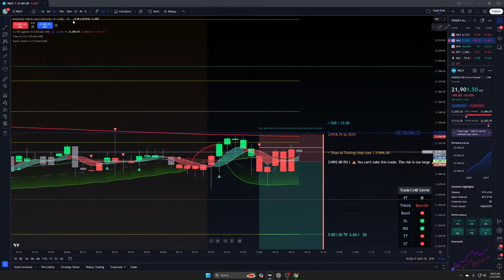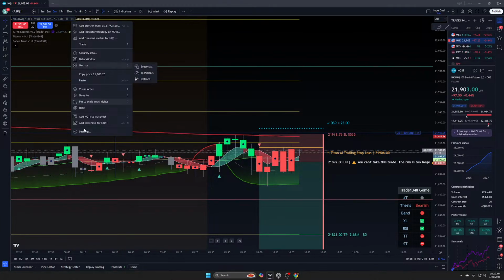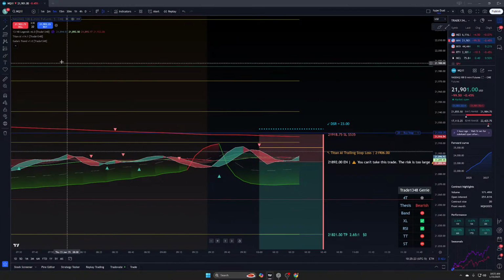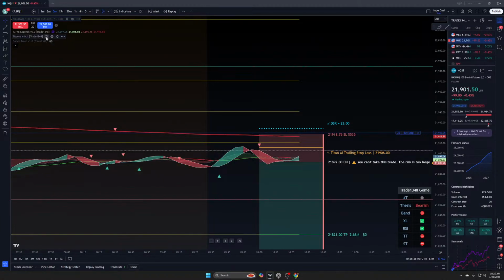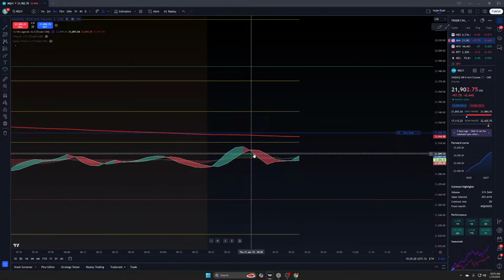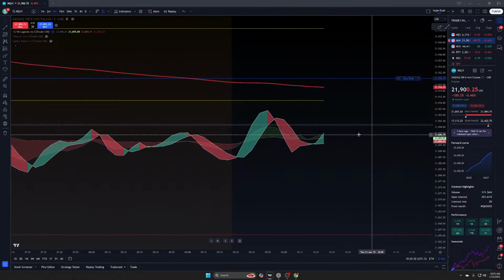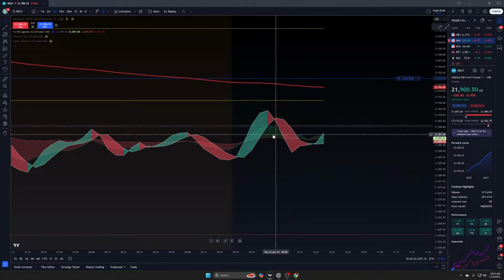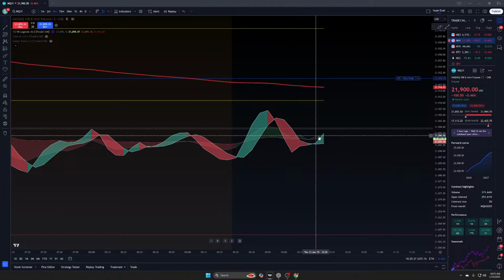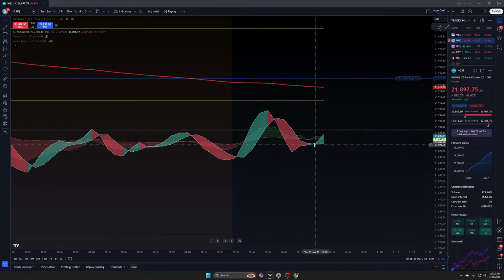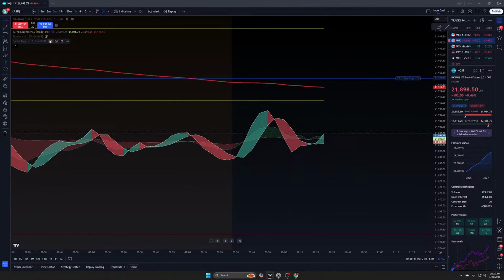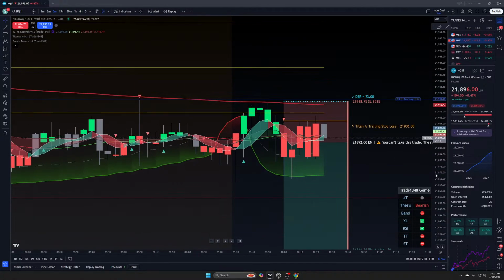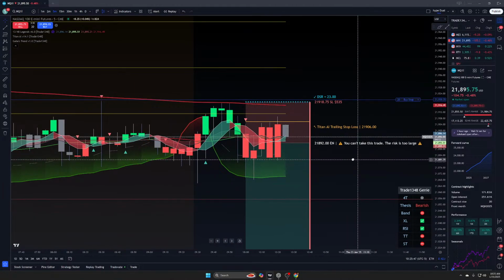We're going to hide price action, and let's turn everything off except 1348. Even with the bands in the way, you can see that 1348 is just sandwiching. You could take your bands off too if you really want to see it, but literally just sandwiching. So we stay away.